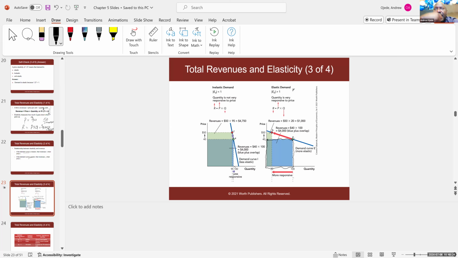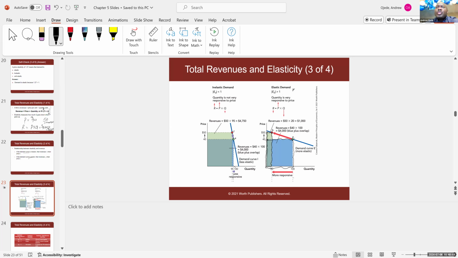Okay. Now, if you increase the price of this good from 40 to 50, look at how consumers are going to reduce the quantity demanded. They're going to reduce from 100 to 20, meaning that the shaded little green rectangle, which goes all the way down here, is going to be your new revenue.